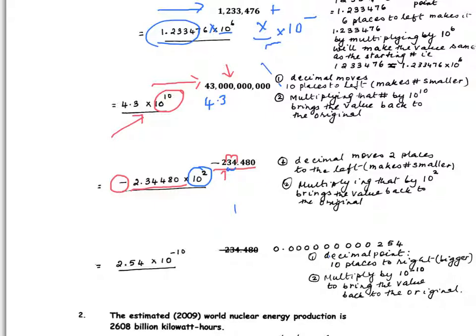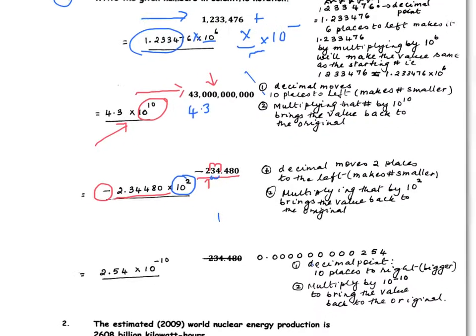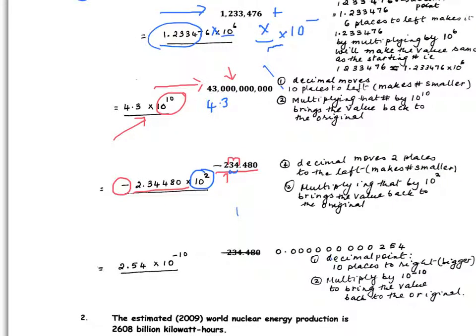So the last number in problem 1 is 0.00000000254. So it's a very, very small number between 0 and 1. It's a positive number.